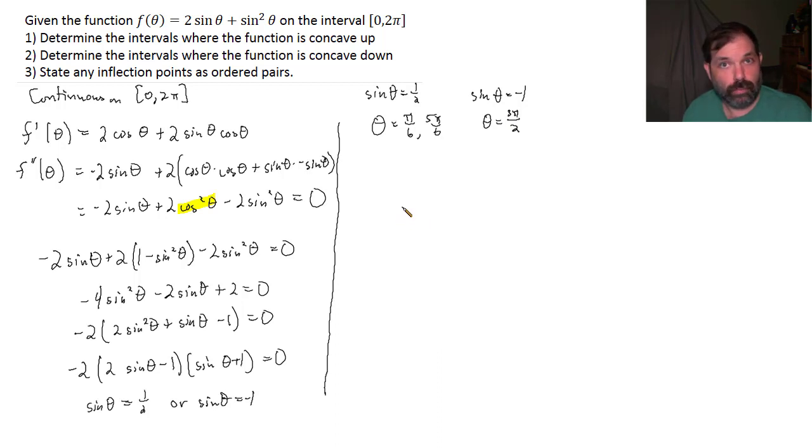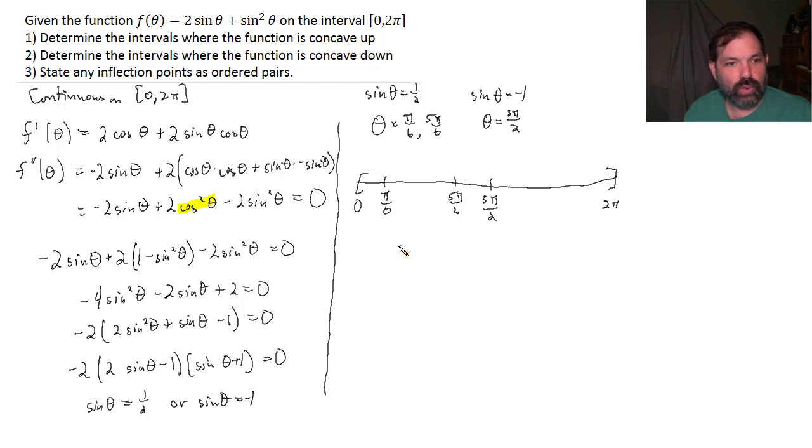So we have 3 important numbers on our number line, and we're only considering over 0 to 2 pi. So here's my restricted number line. There's 0, and there's 2 pi, and here's pi over 6, and 5 pi over 6, and 3 pi over 2.